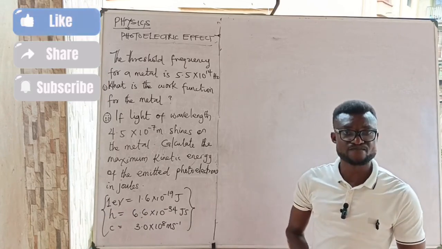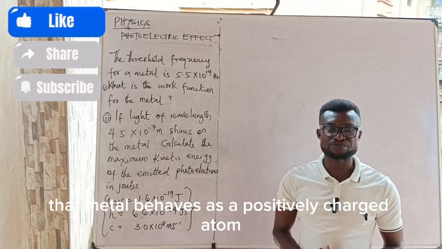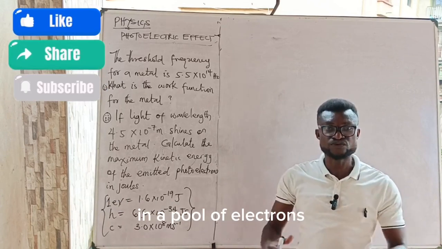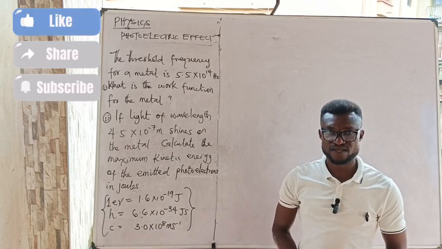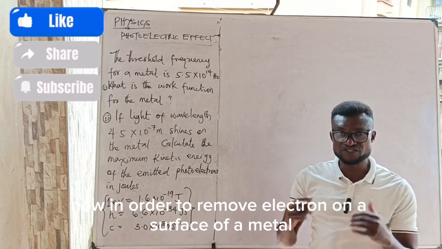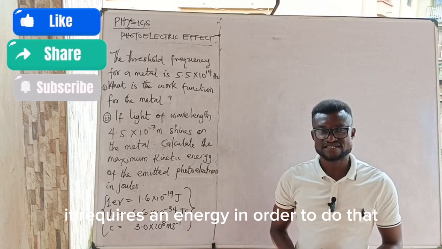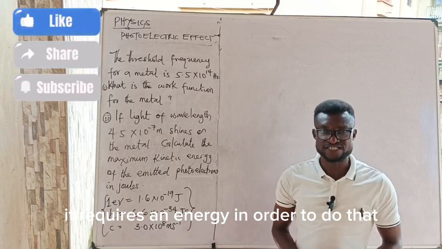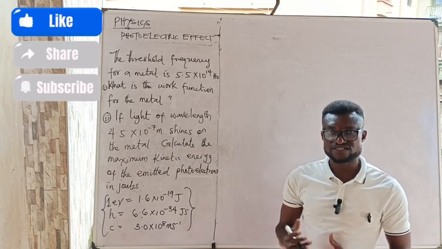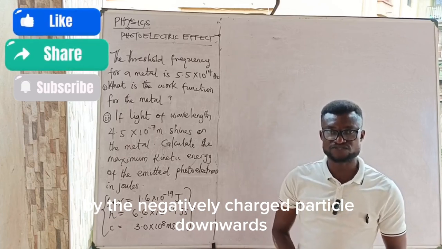photoelectric effect. Now I would want you to remember that a metal behaves as positively charged atoms in a pool of electrons. In order to remove an electron on the surface of a metal, it requires energy, because the electrons at the surface of a metal are being pulled down by the charged particles downwards.